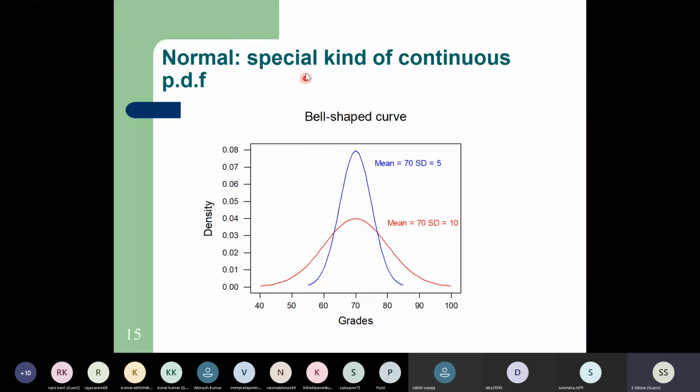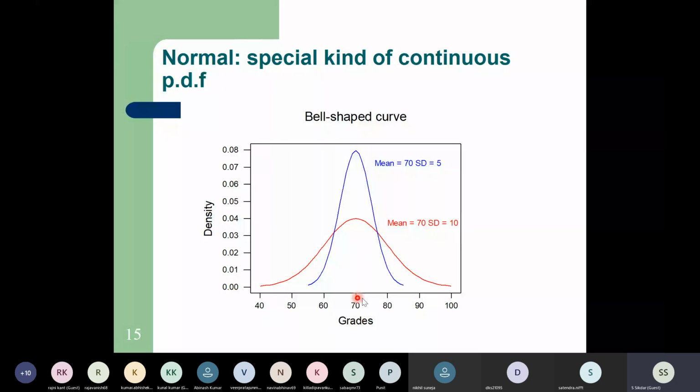As I said also, a special kind of continuous PDF is the normal one, defined by the mean and standard deviation. Because of the variation of the standard deviation, the spread can be higher: if your standard deviation is higher, the spread is more, and here the spread is less, so it is a steeper curve. The same can be seen for students' grades.